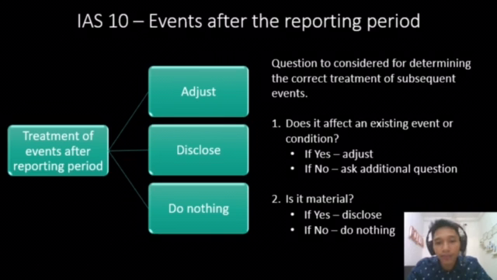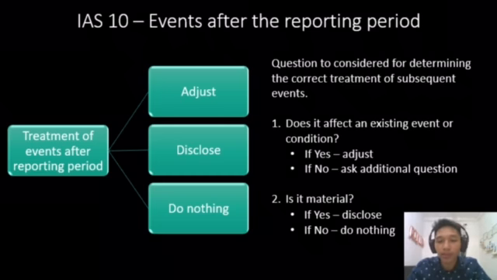If the answer is no, we must ask an additional question: is it material? If the event is material, we need to disclose it in the notes to the financial statements. If the event is not material, we don't have to do anything. Do nothing.